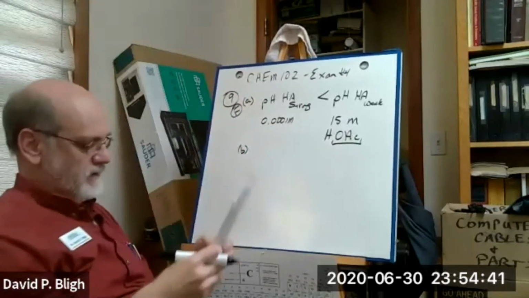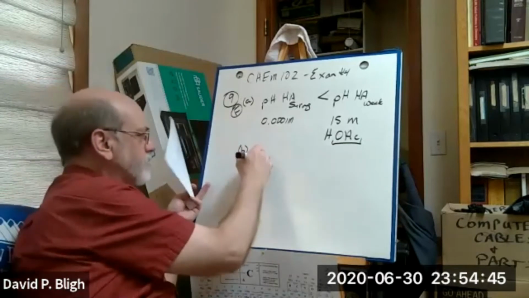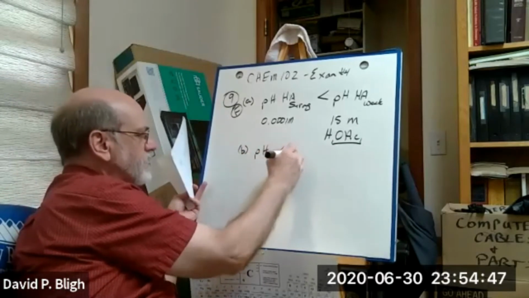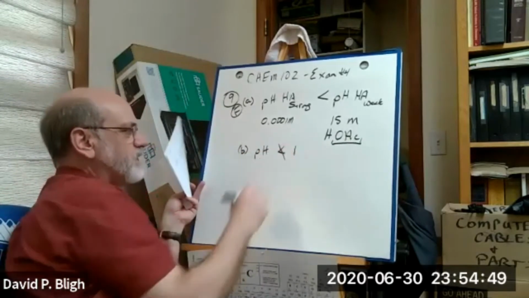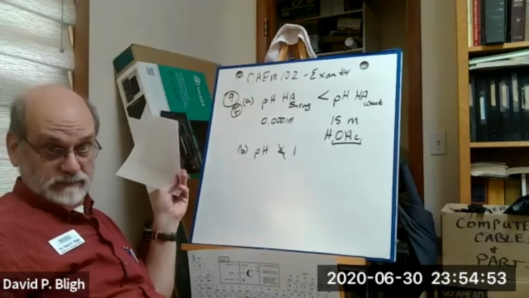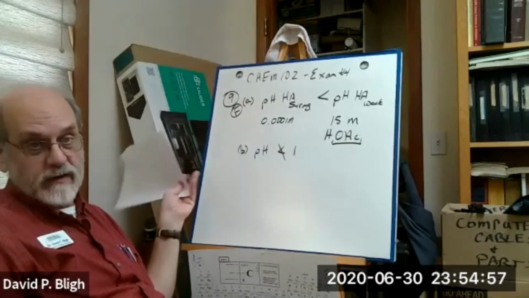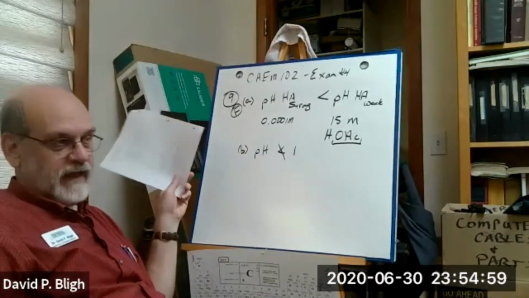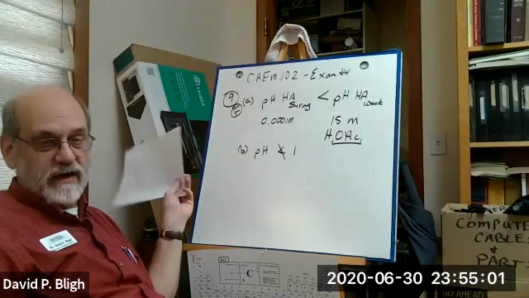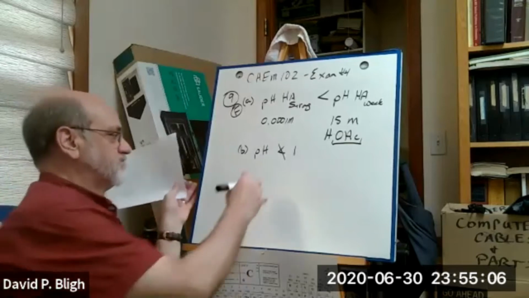How about B? The pH of a solution can never be negative. pH less than 1 can't happen. Really? It's just a calculation, negative log of the hydrogen ion concentration. Can we think of a situation where the hydrogen ion concentration will produce a negative pH value?